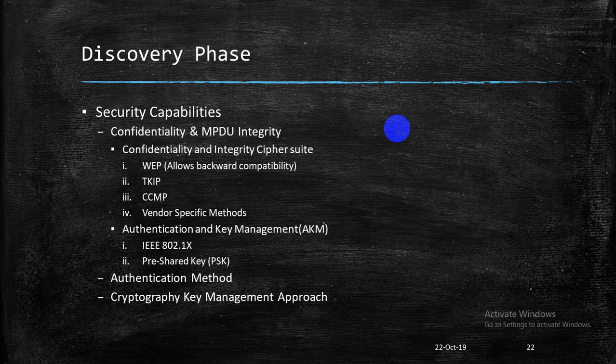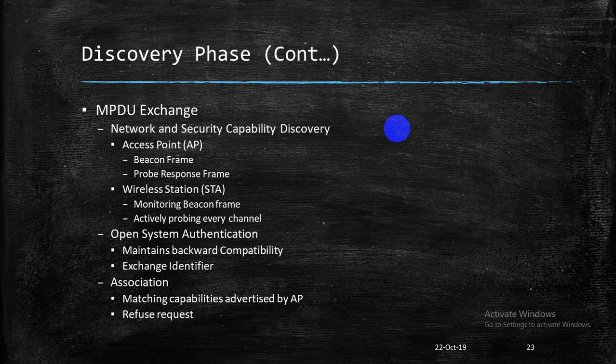That means the station will give its capability to the access point, and the access point will decide what to do with the capabilities: transfer the data or authenticate or move to the next phases.